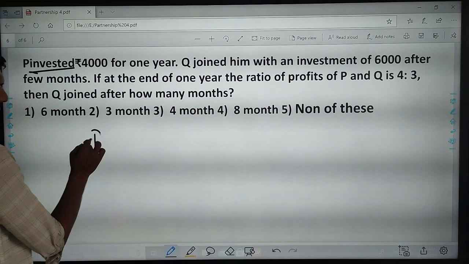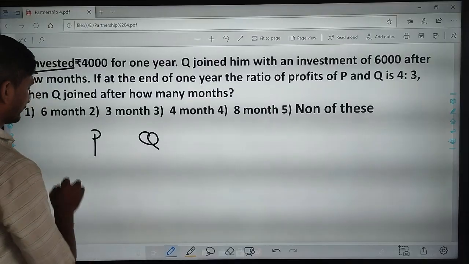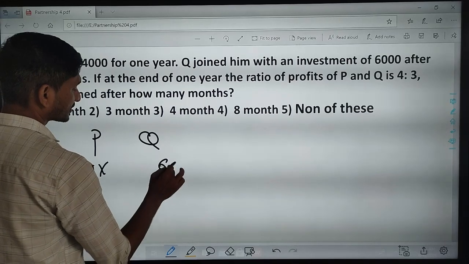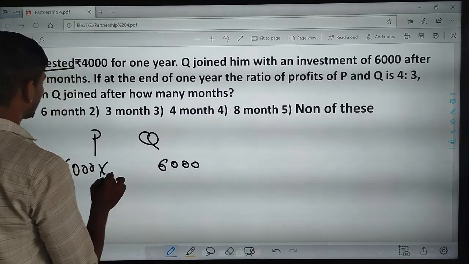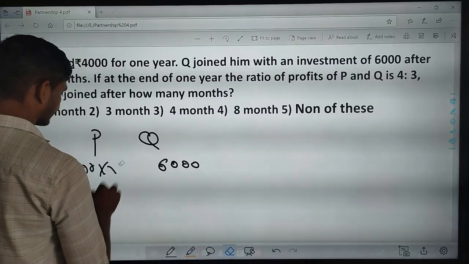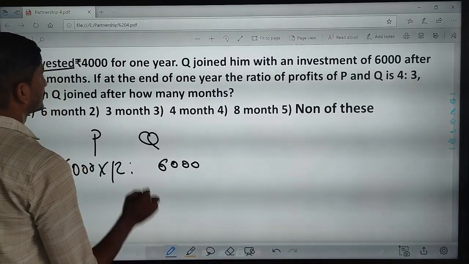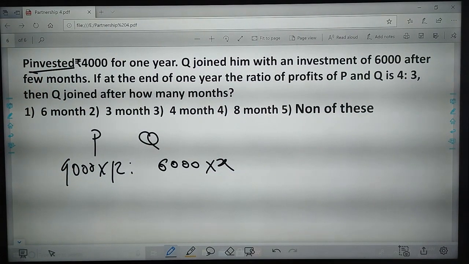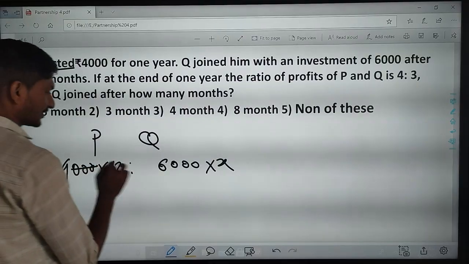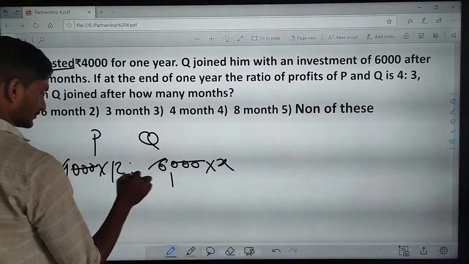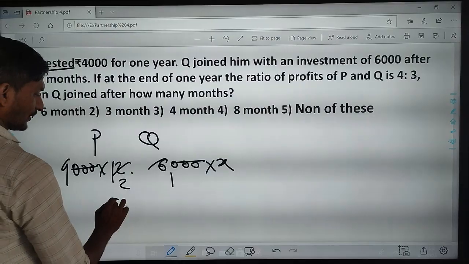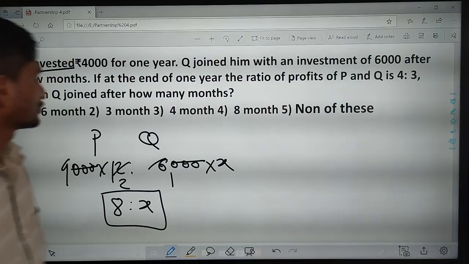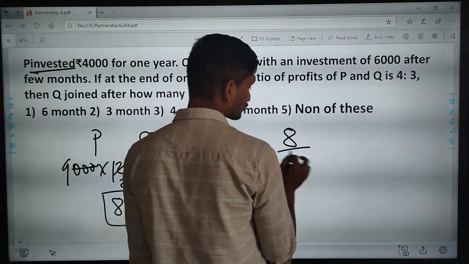Here P and Q. P's investment is 4,000 for 12 months, Q's investment is 6,000 for x months. Now here we find the ratio of profit. The ratio of profit of P as to Q is 8 as to x.